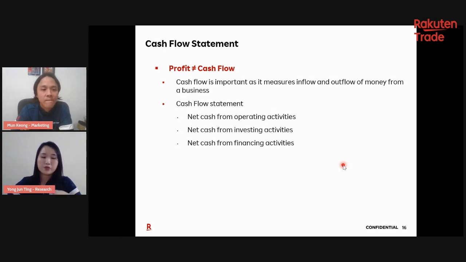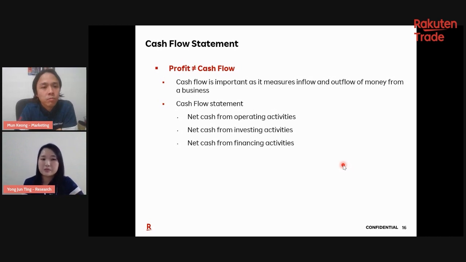It helps you to manage your liquidity, and also it measures the inflow and outflow of money from your business. If you have enough cash flow, then you can reinvest your cash flow, buy more assets. So those assets help to generate more revenue for you, and then more net profit, and then the cycle just goes on in a business. So cash flow is very important.